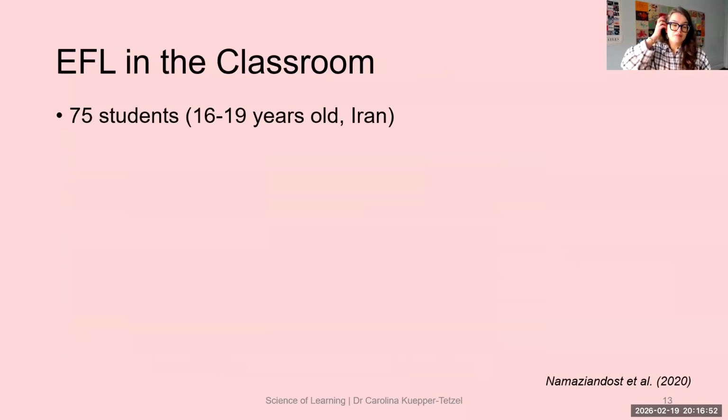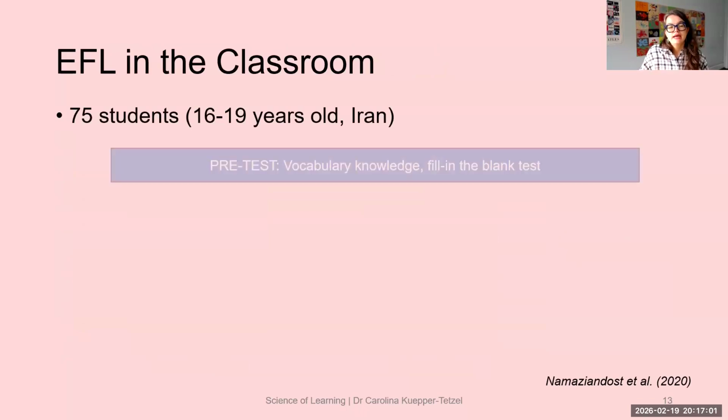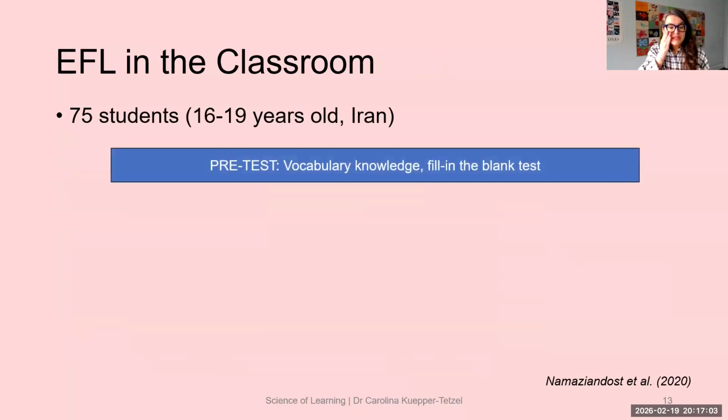In this one here, these are high school students in Iran, and they were English foreign language learners. In the beginning, they had a pre-test to test their knowledge of vocabulary using a fill-in-the-blank test. And then for 12 weeks, they were in different conditions.